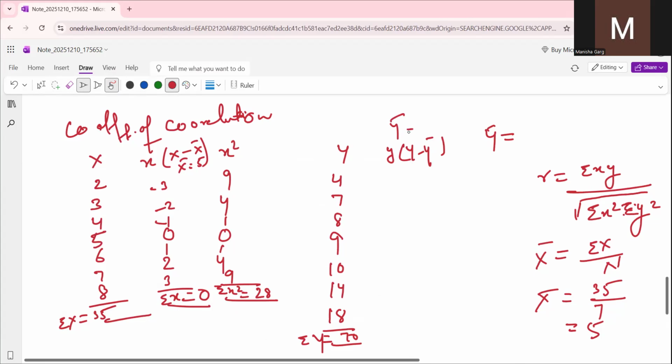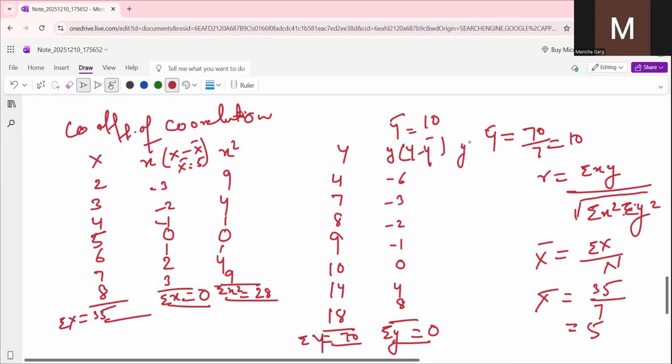We find y mean by 70 divided by number of observation, and number of observation is 7, so y mean is equal to 10. Then 4 minus 10 is equal to minus 6, minus 3, minus 2, minus 1, 0, 4, and 8. If we do the summation of this y series, it is equal to 0.